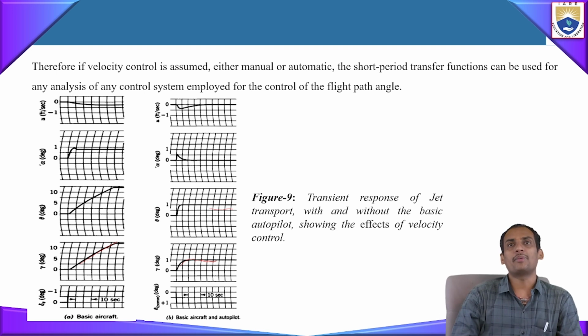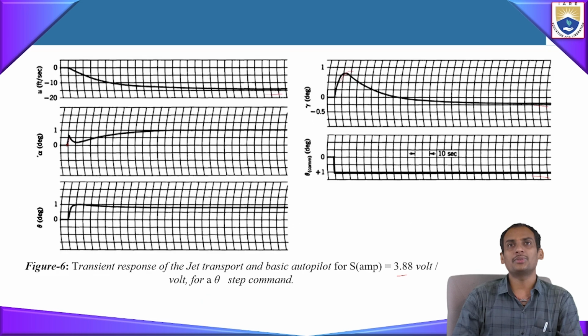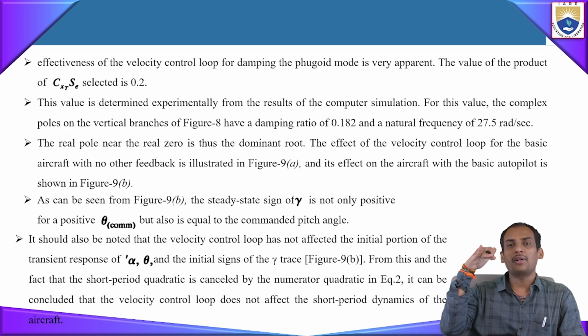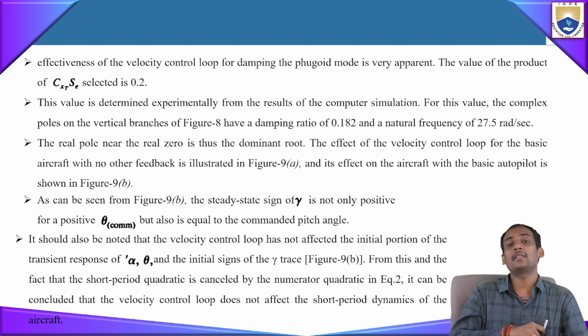So this is the part one approach. There will be a part two approach also. That part two approach will give you the glide slope based on this velocity formulation: how the glide slope angle is perfectly designed, and how the autopilot system is used for getting the glide slope angle.